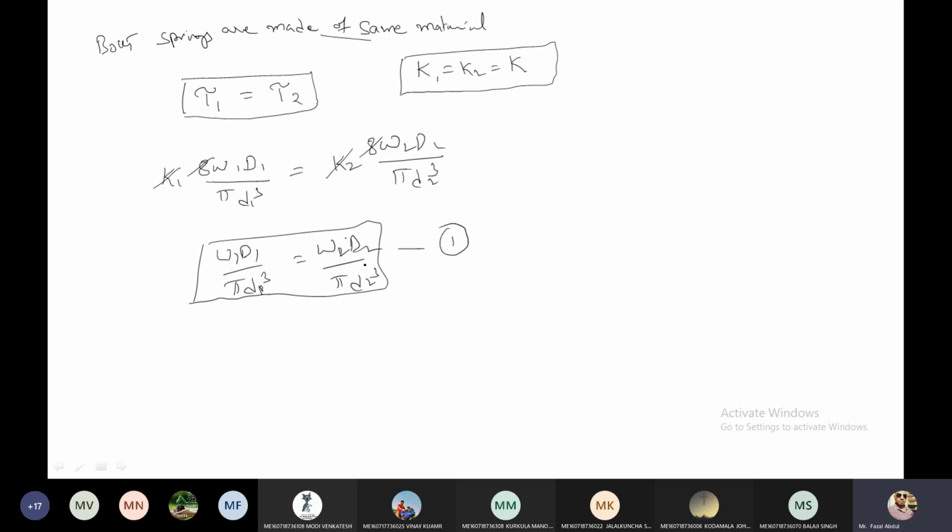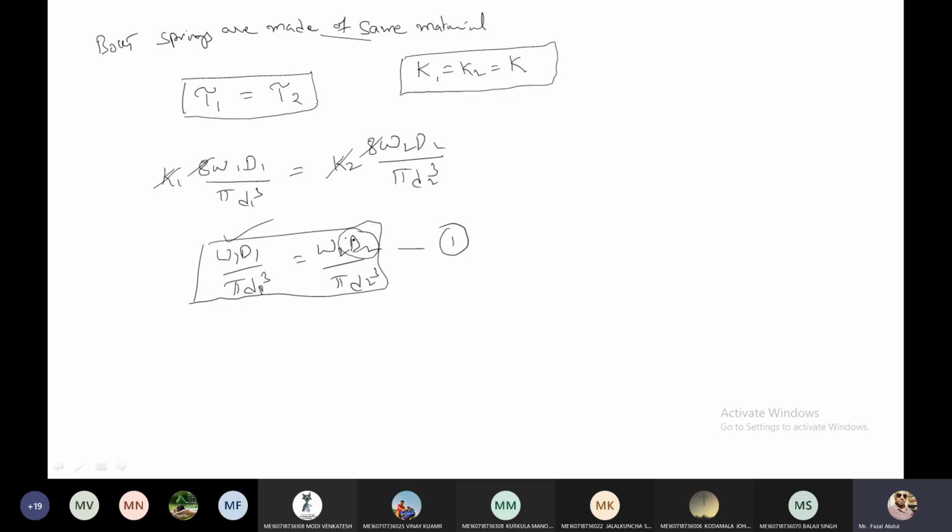So the first equation is used when we don't know one unknown parameter. Suppose we know all the parameters except D2; at that time we use this equation to calculate D2.